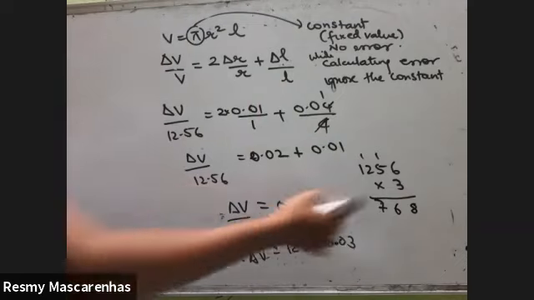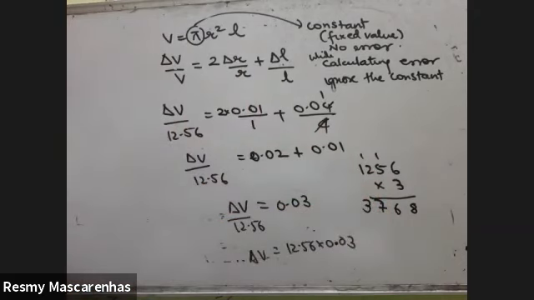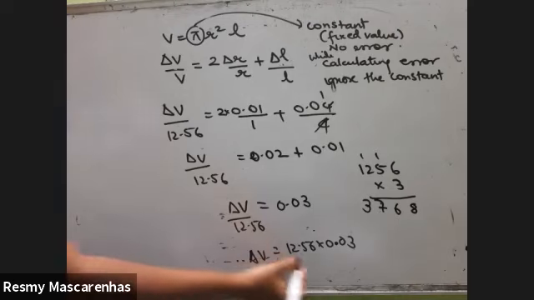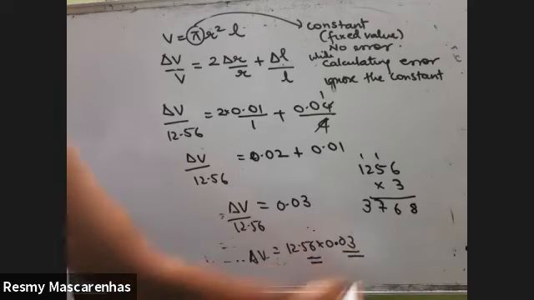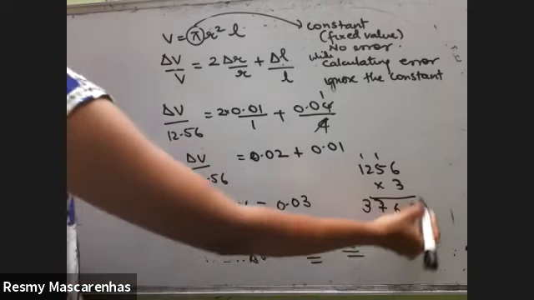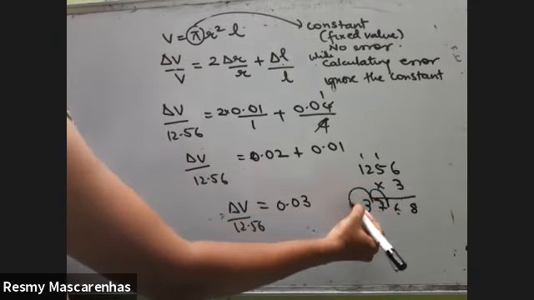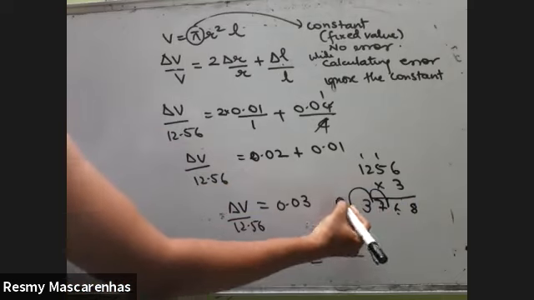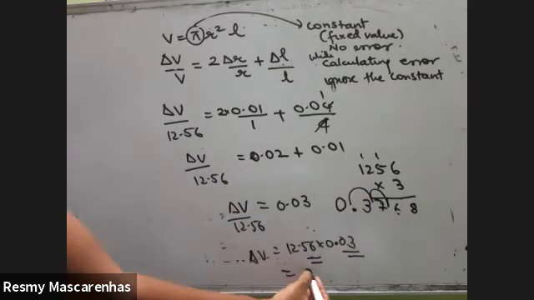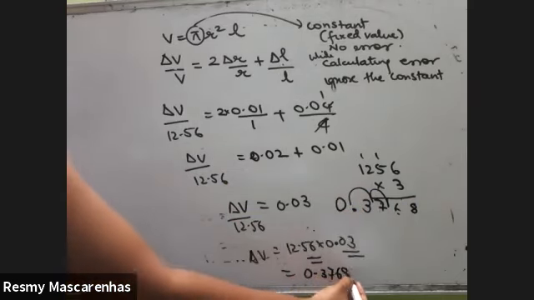This would be 3 anyways. How many decimal places to be shifted? Total, you have to check. Here there are 2, here there are 2. So total 4. So 1, 2, 3, 4. Point will come here. So your answer is 0.3768.